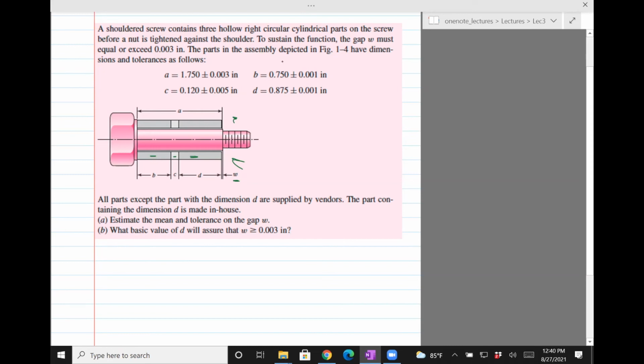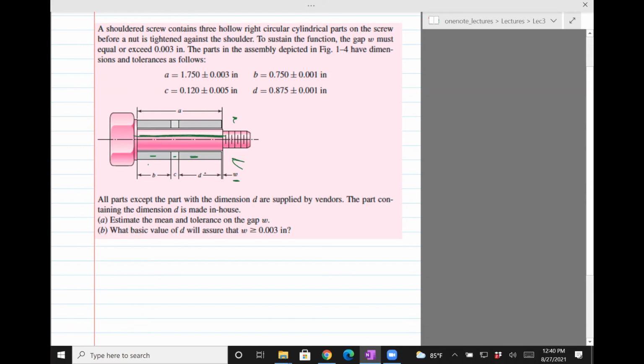The parts in the assembly depicted in figure 1.4 have dimensions and tolerances as follows: A, B, C, and D. Here's something to note: A is basically the length of this screw, and B, C, and D are the parts which go onto the screw, like they are holes basically.